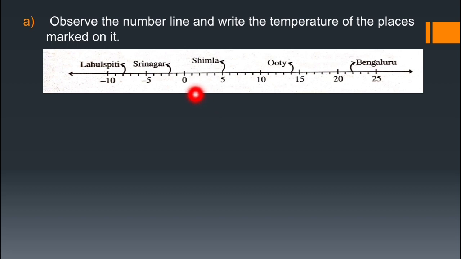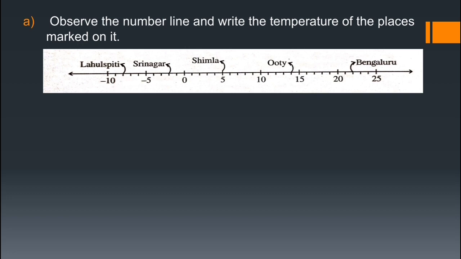Now let us try to find out the temperature of the different places. First place is Lahaul Spiti. As Lahaul Spiti is towards the left of 0, its temperature will be negative. This is given as minus 5 degrees centigrade. Now this is minus 6, minus 7 and Lahaul Spiti's temperature is minus 8.